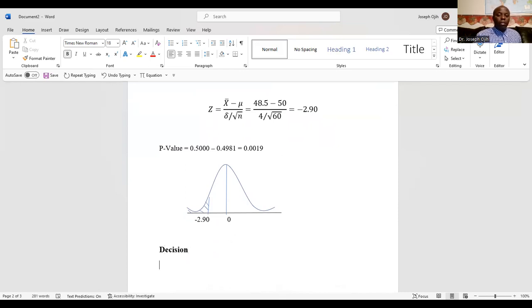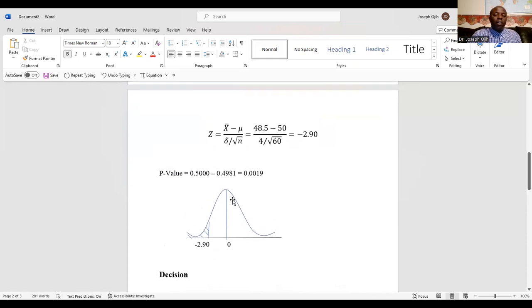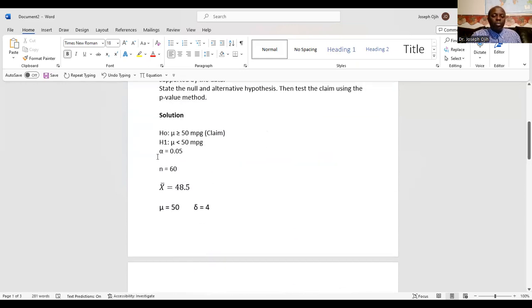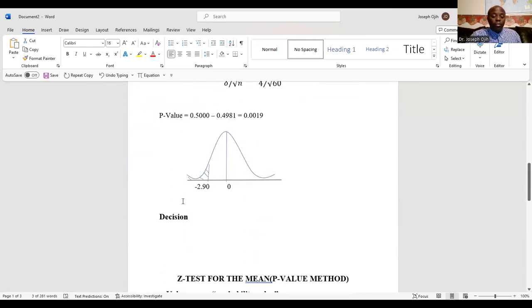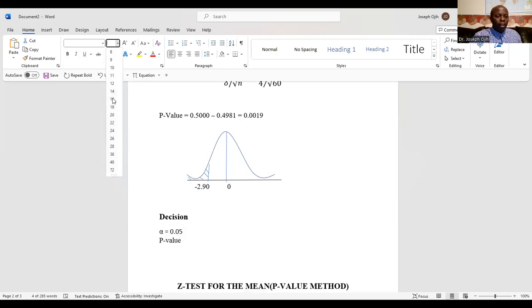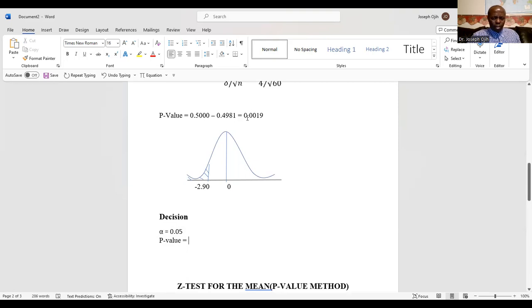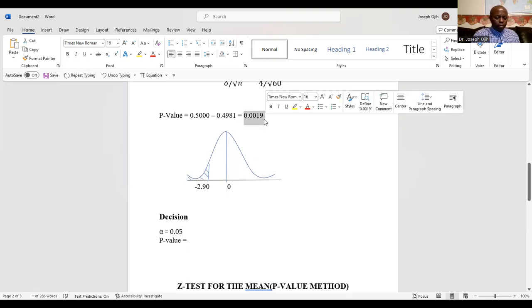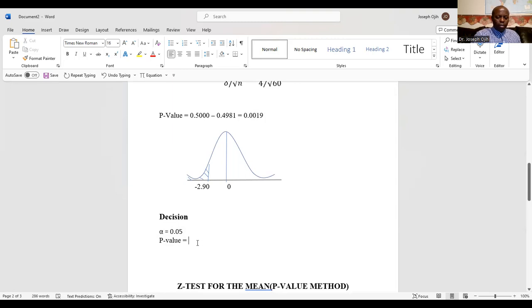Okay, now we have the alpha. Alpha is 0.05. Our alpha is 0.05, our p-value is 0.0019.